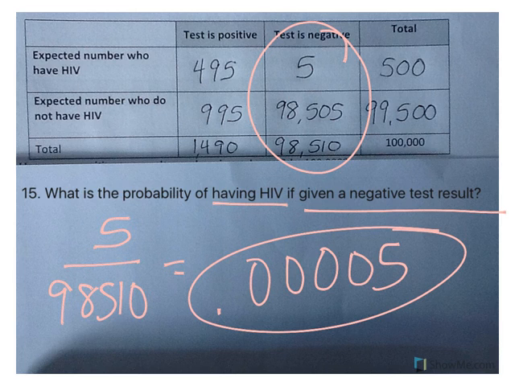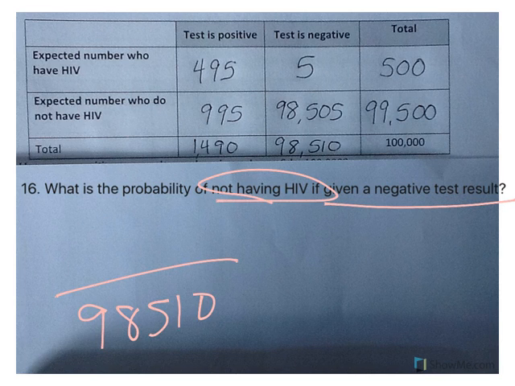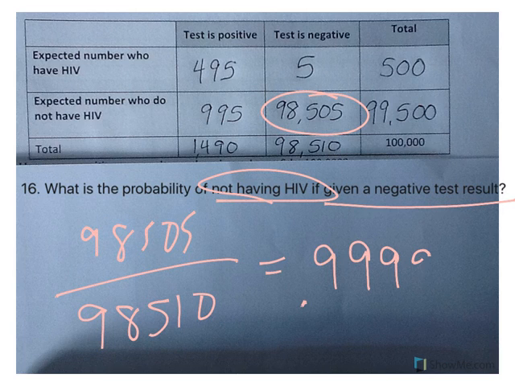So if you go to the doctor and they say, Sarah, you do not have HIV, you can be pretty confident of that, I think, because there's such a super small chance that you actually have it. If given a negative test result, so again, 98,510 is my denominator, not having HIV, so the 98,505, we're talking about 0.99995. That's a 99.995% chance that you don't have it. And I think that's pretty good.